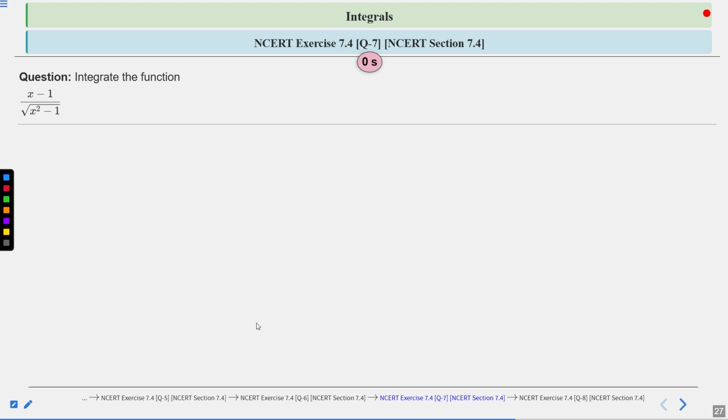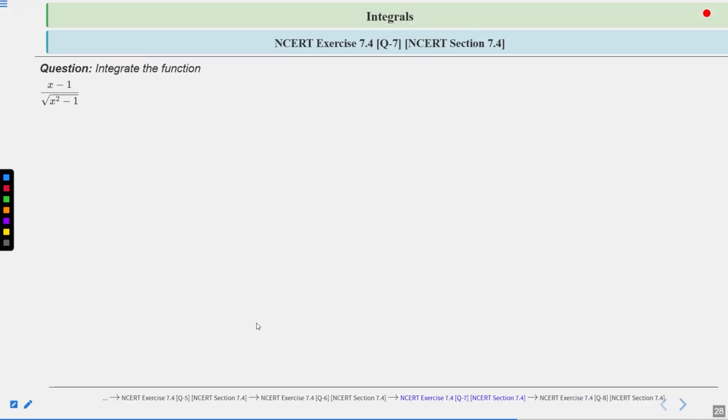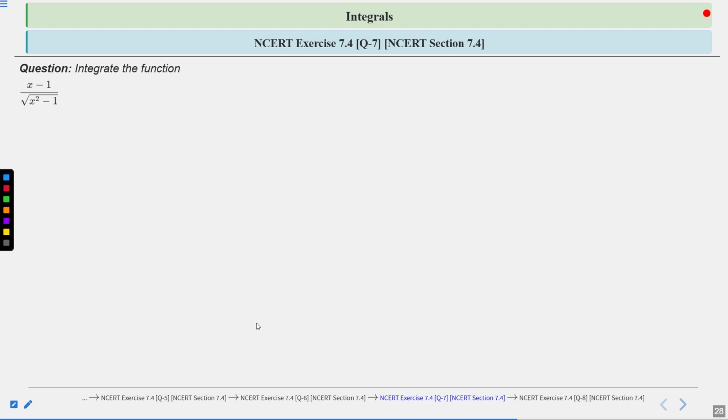Let us see how we can solve this. We need to integrate the function x minus 1 upon root over x square minus 1.